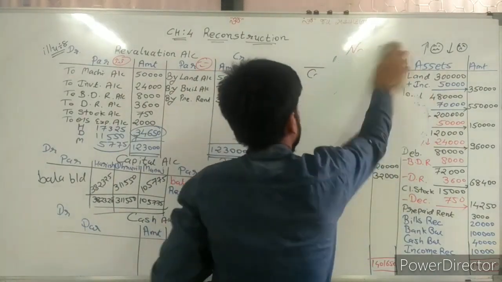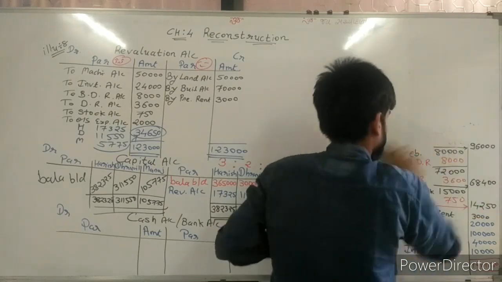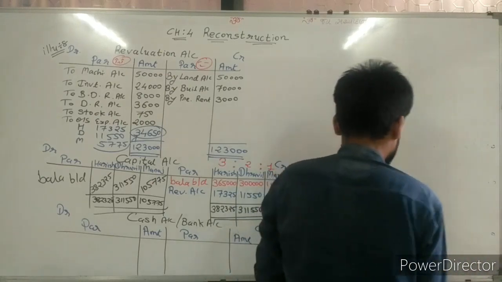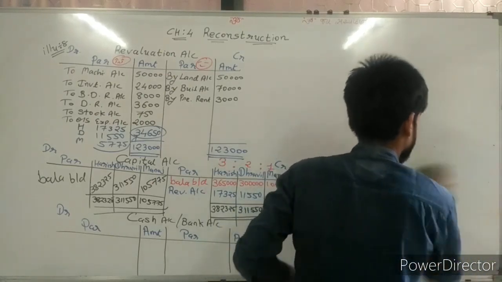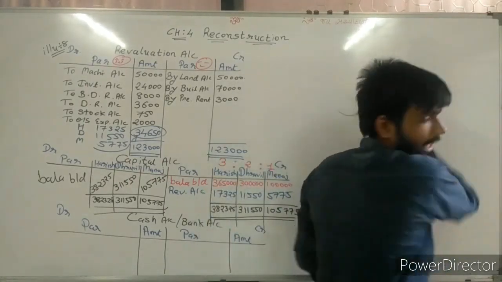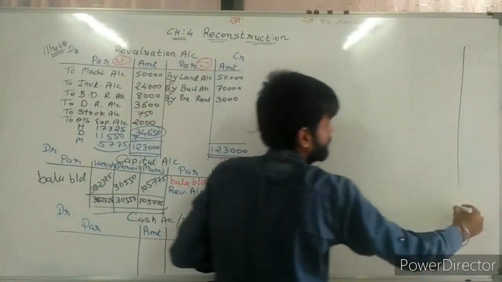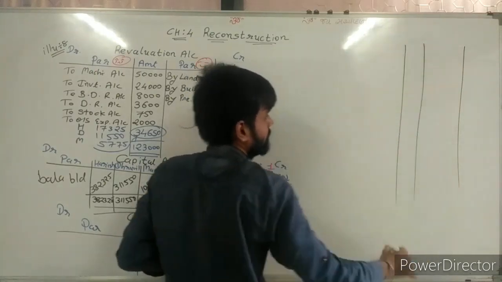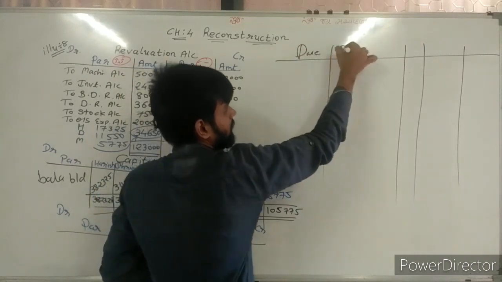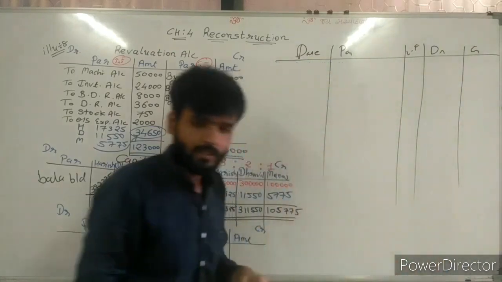Here I am preparing columns for the journal entry. All of you know, sir: date, particulars, LF, debit, credit.